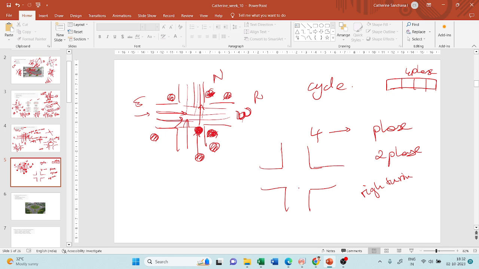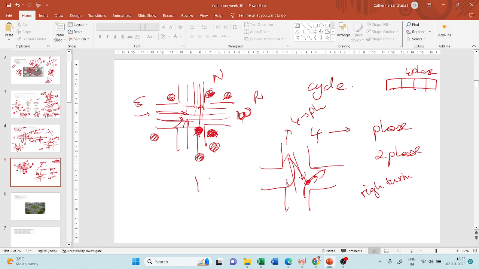Only when you have right turning traffic, if you allow the traffic in both the directions to make a pass, then they will undergo a conflict point, right? This might get hit by the vehicles in this direction. So in such cases, mostly they will go for a four-phase signal.